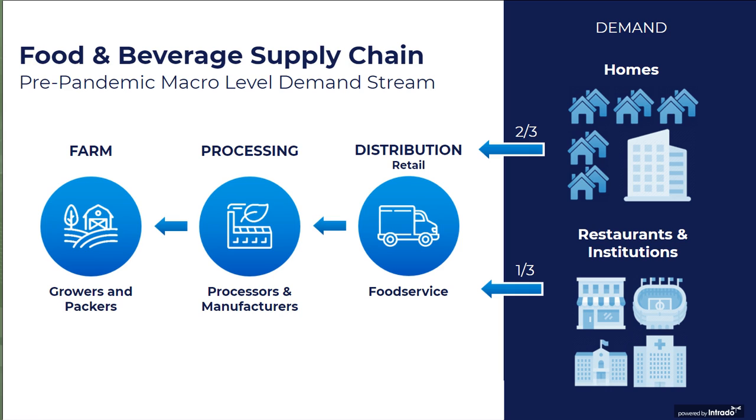And this was pre-pandemic, 12 months ago, before any of us knew about this unplanned event that occurred. About 2/3 of the food volume went into homes for each of us to consume and enjoy with our families. About 1/3 of the volume went into restaurants and institutions.